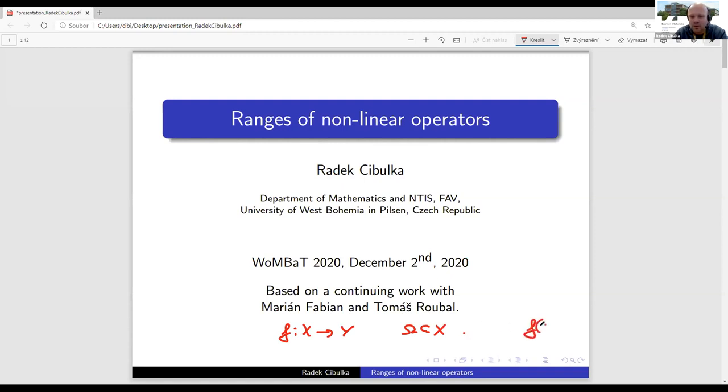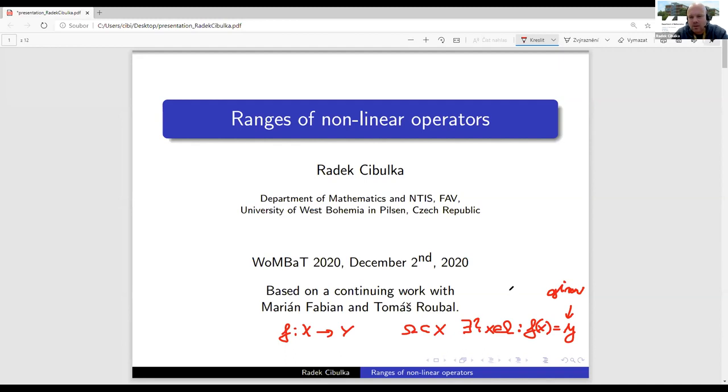So I want to find for given y, so this is given, and I want to find an x. So the question is whether there is an x in omega, which can represent constraints, and I will discuss particular cases of this set, such that f of x equals y.